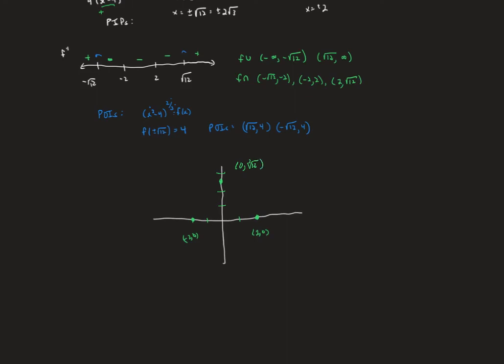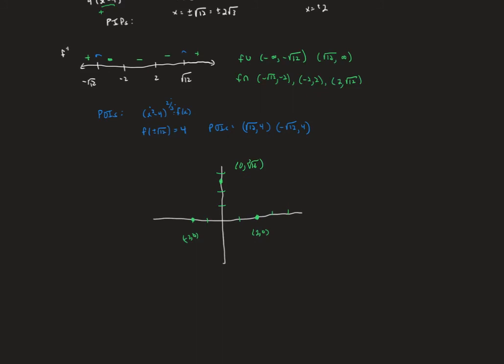That's our relative maximum. We have inflection points at square root of 12, 4, and negative square root of 12, 4. So square root of 12 is bigger than square root of 9, smaller than square root of 16, so it's in between 3 and 4. So we're going to go in between 3 and 4 and then up to 4 for the y coordinate.